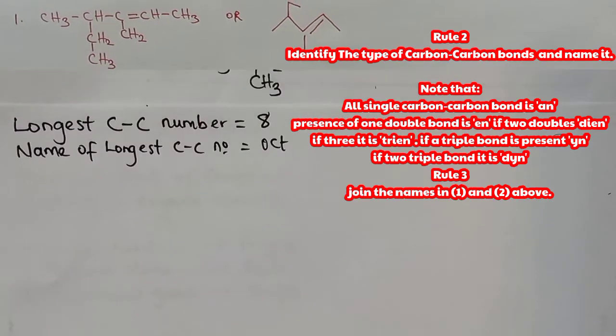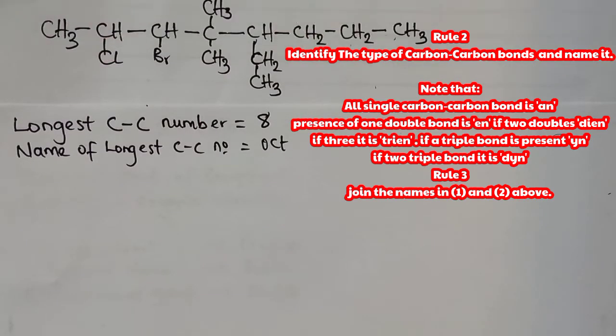The second rule says identify the type of carbon-carbon bond present in all the bonds. If it is all single bonds, use the word an, but we pronounce it as n, an.